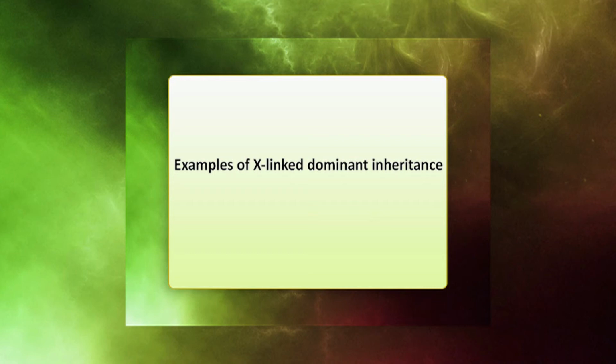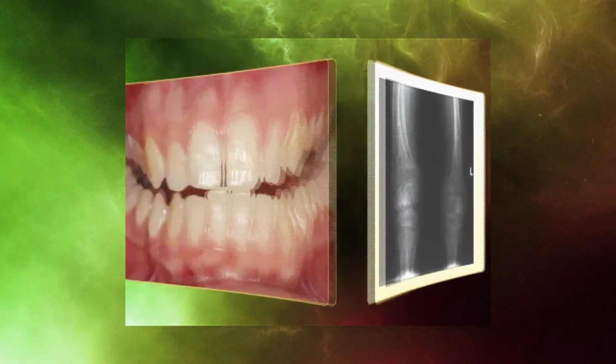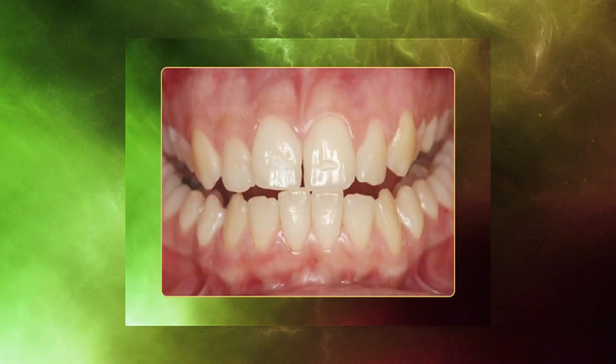All daughters, but none of the sons of an affected father are affected. The trait usually does not skip generations. Examples of X-linked dominant inheritance: hypophosphatemia, vitamin D resistant rickets, hereditary enamel hypoplasia.